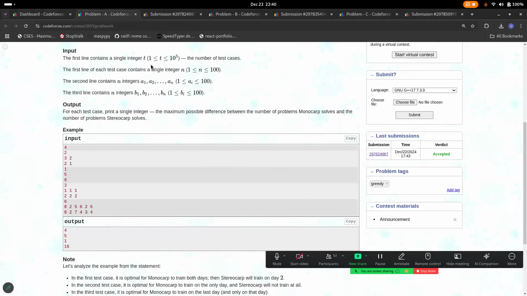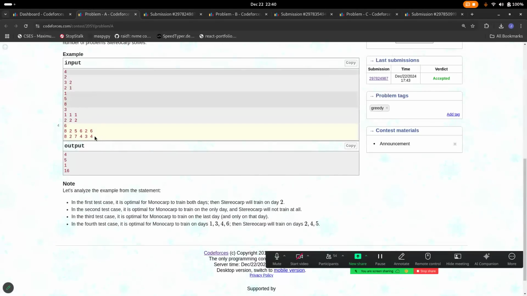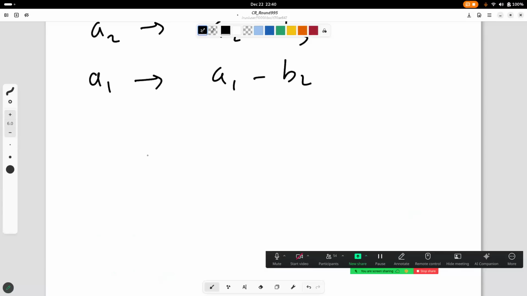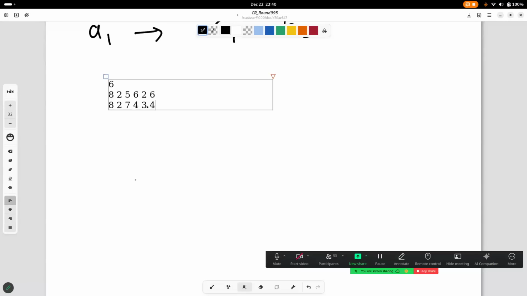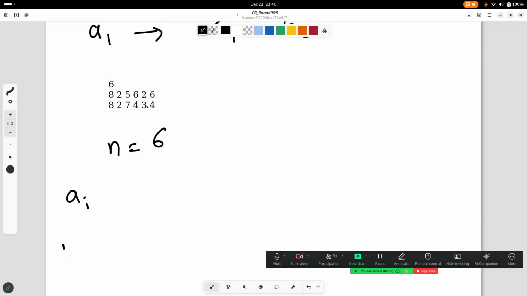And if you just look at the last test case, over here we have n equal to 6, and this is our A array, this is our B array.